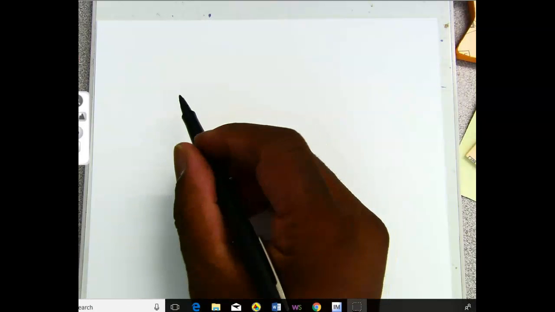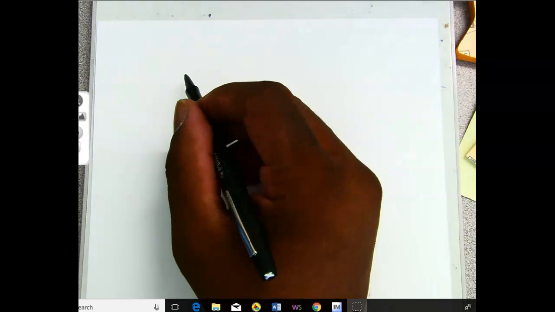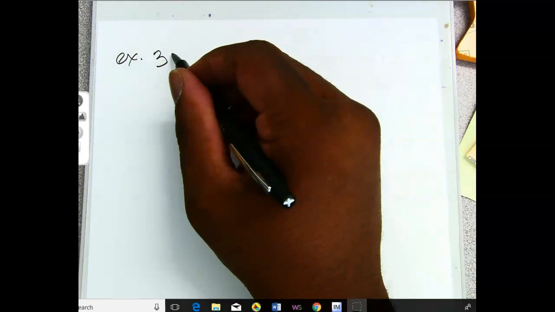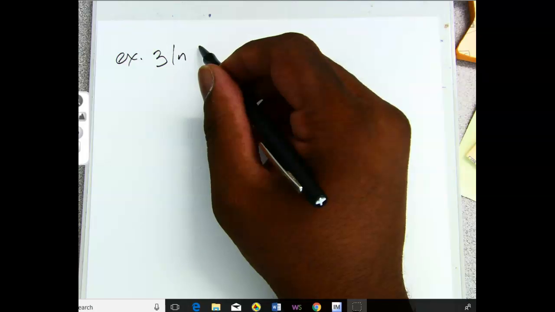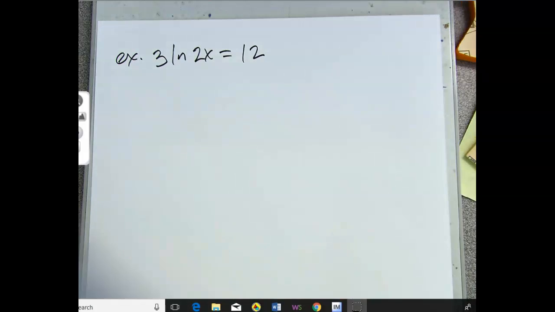All right, so here is our next one. 3 ln 2x is equal to 12.